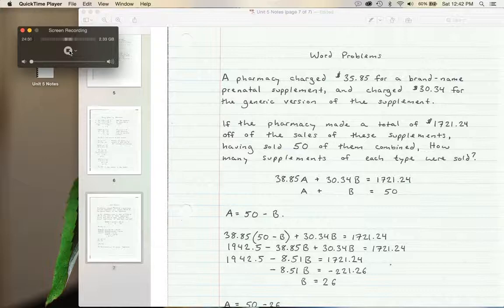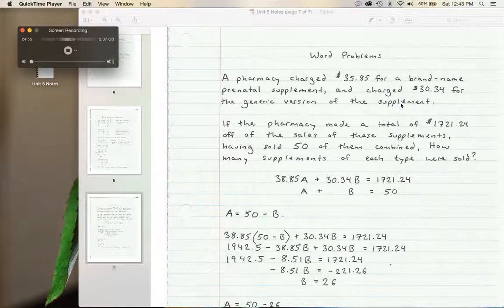This is a very intimidating looking problem. When I tackle word problems, I like to write down the numbers in the problem and then what they represent to me. So $35.85, this is the price for a particular supplement. And $30.34, that is the price for a different version of the supplement.